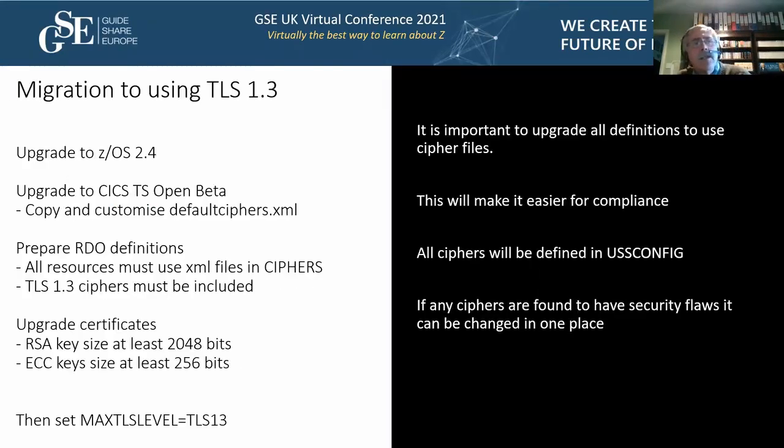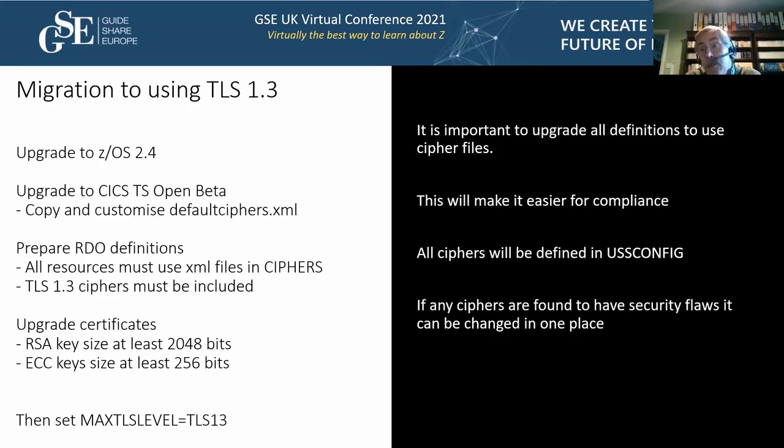There are a number of steps, documented in the IBM docs, which one needs to take in order to move up to TLS 1.3. You need to be running on z/OS 2.4 and run the open beta or whatever release comes out after this. You also have to create and customize the default ciphers XML file and make sure all of the resources are using this XML file.